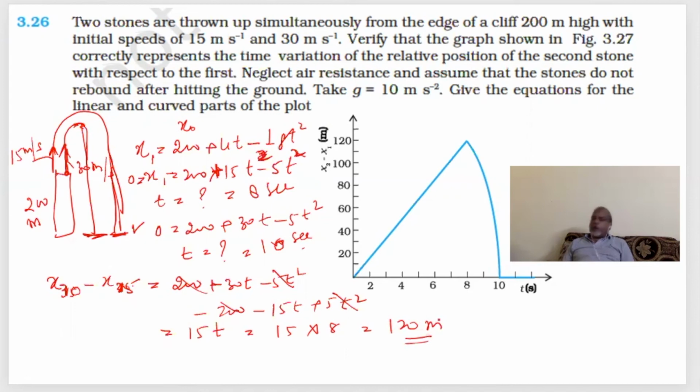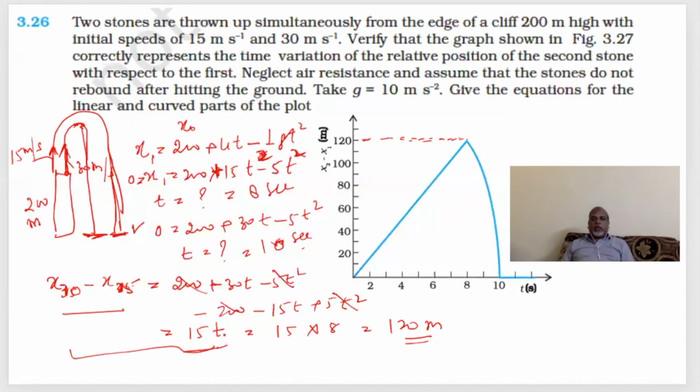So here you see up to 120 meter, this means up to 8 seconds, up to 120 meter, both the stones are in relative motion, and their relative motion is a straight line, because this equation is only equal to 15t.